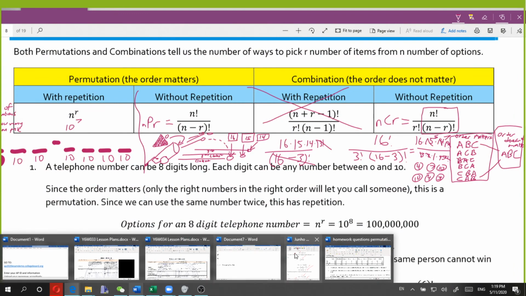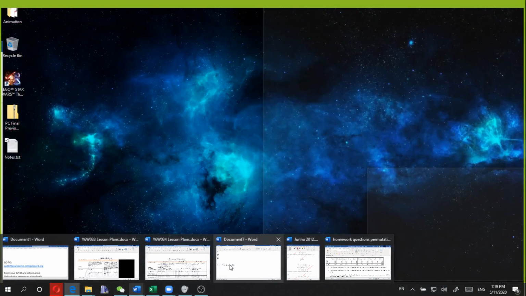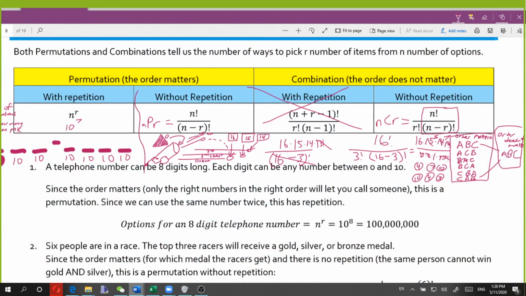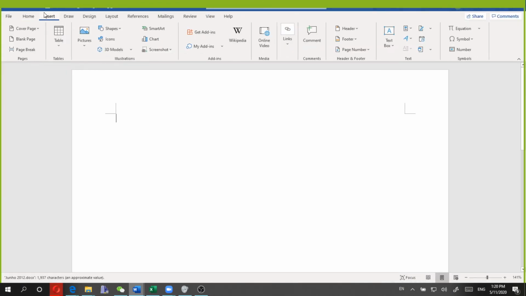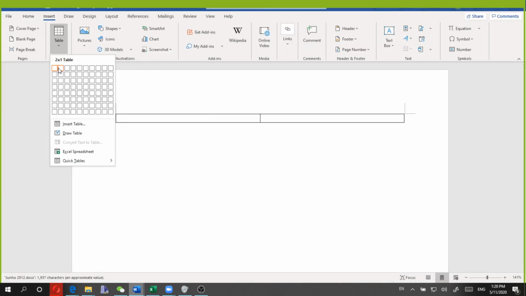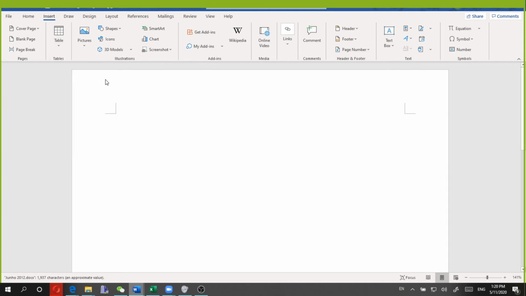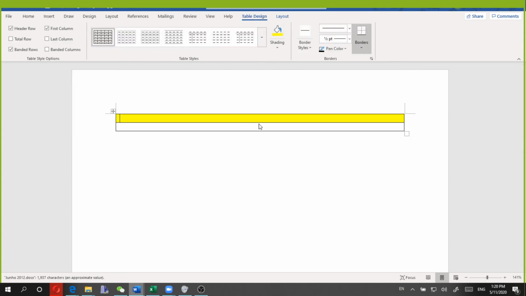So let's throw up a couple more examples here. We're going to do some poker probabilities. I gotta pull up the cheat sheet for poker because I don't actually remember what our options for poker are.